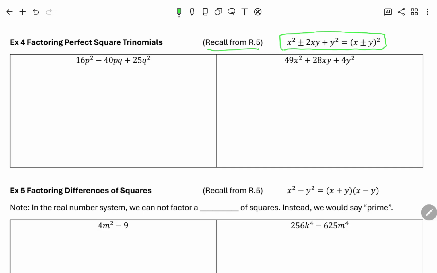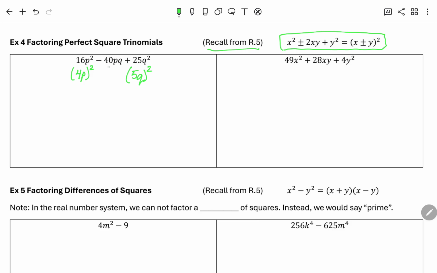Noticing here, what you would say to yourself is, hey, 16p squared is a perfect square because it's coming from 4p quantity squared. Also, 25q squared comes from 5q quantity squared. So those are going to represent your x and your y.